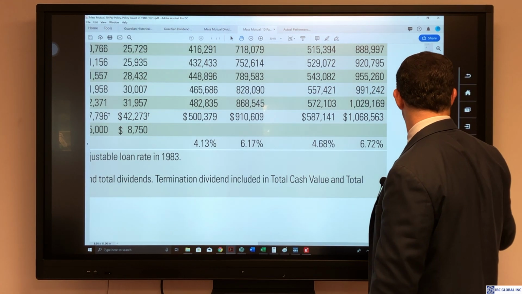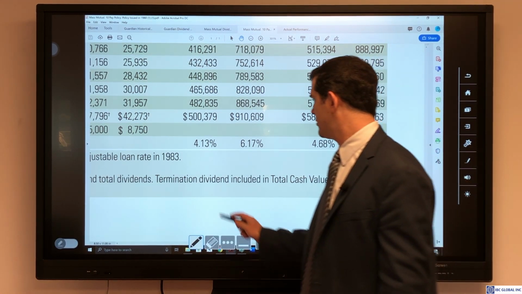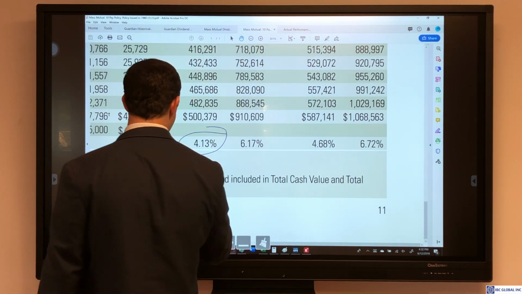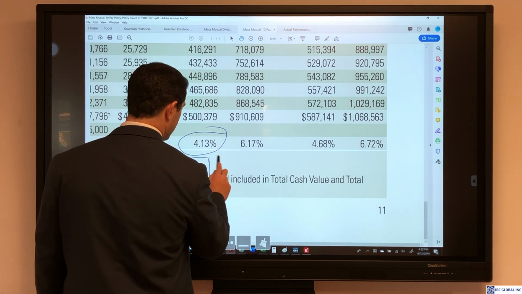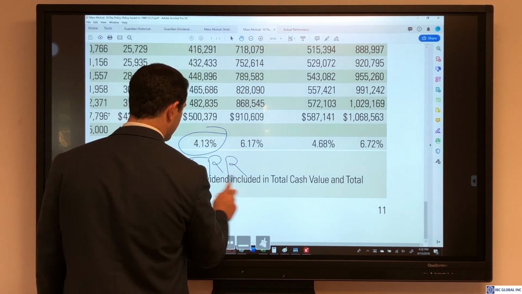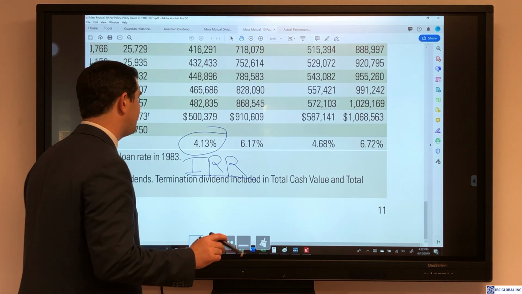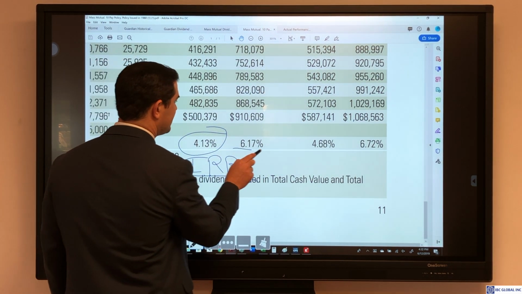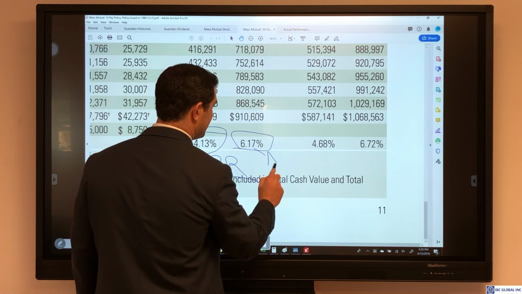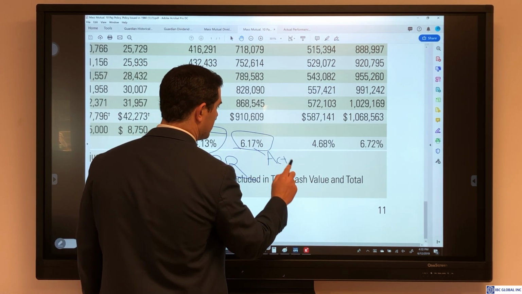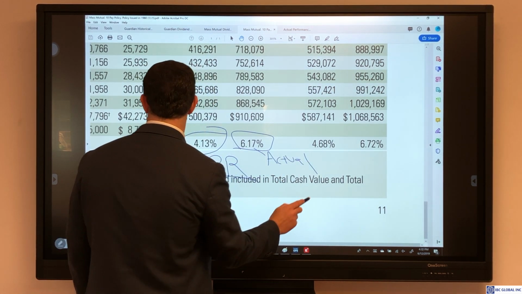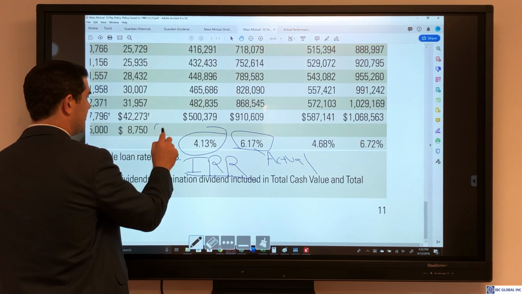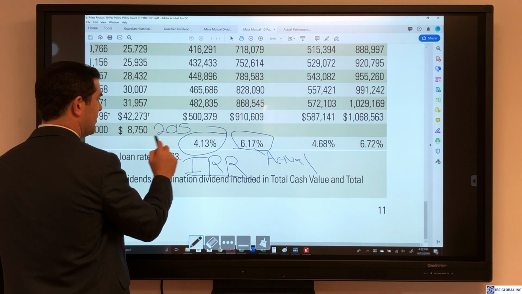So what was projected here was a net IRR, internal rate of return, that's what I'm actually earning, of 4.13%. And then you've got the 6.17% as the actual. Now, this time period, the study period, ended in 2015.